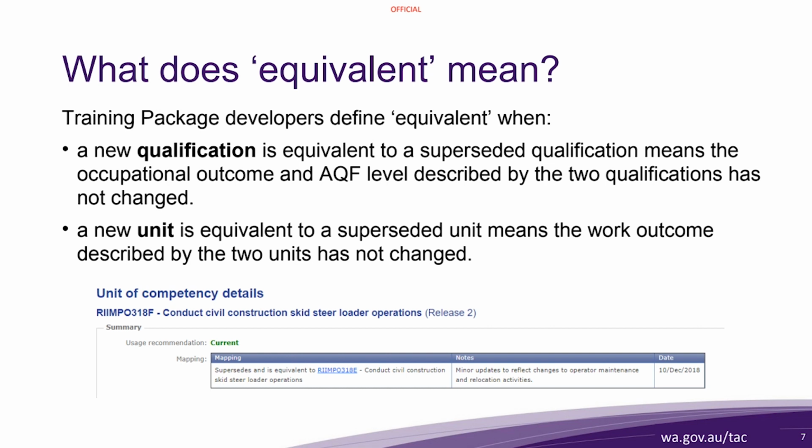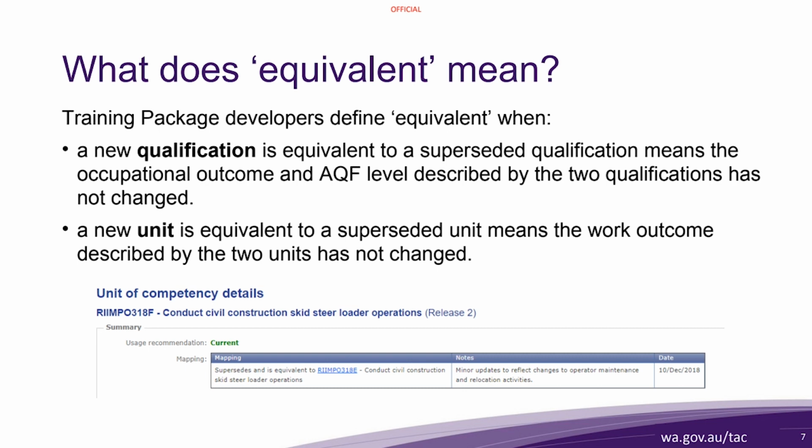So what you can see here is equivalence basically means that the qualification is functionally the same as the previous version, or the unit of competency is functionally the same as its previous version. When you look at what the Training Package Products Policy talks about, it talks about doing an analysis.